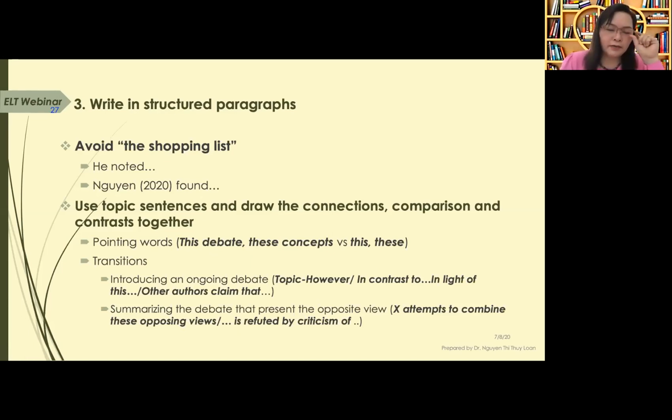One thing I need to say here is that when you use pointing words, after you state the view or perspective over a certain topic and you say this means that, try to avoid using these or that or those alone. It's better if you use those words followed by a noun, like this debate, this concept. I think it makes the reader understand your writing better, because sometimes you confuse them if they don't know what you refer to by using this or these.